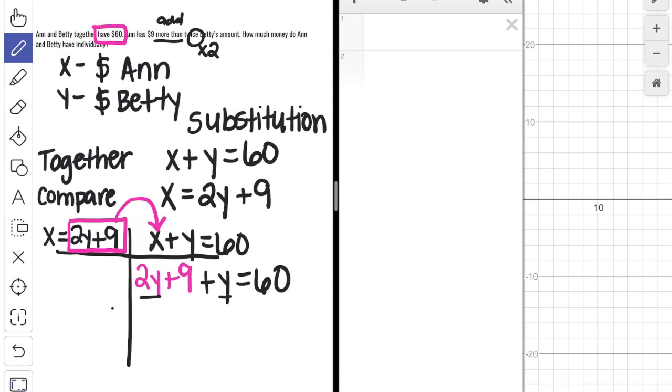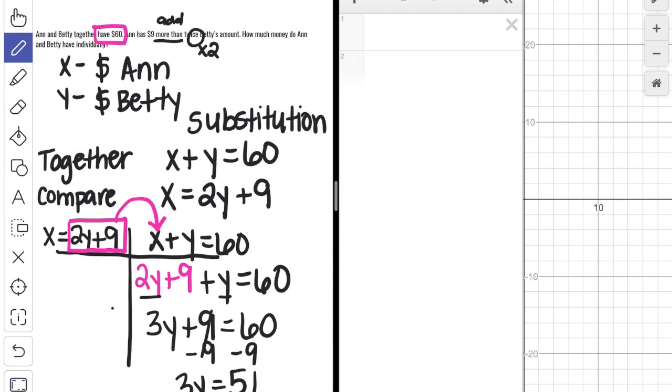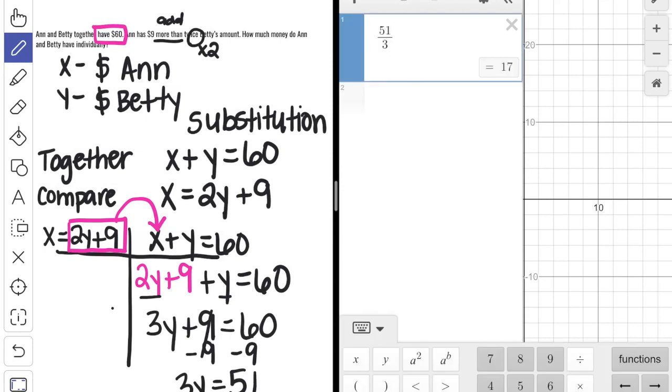So 2y and y is going to give me 3y plus 9 equals 60. I'm going to subtract 9. So I have 3y equals 51. All right, I'm going to divide by 3. And I have that y equals 17.